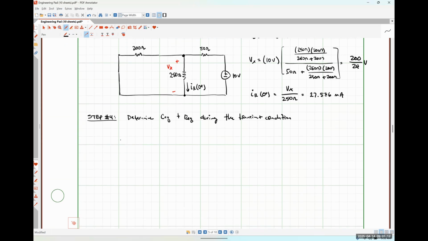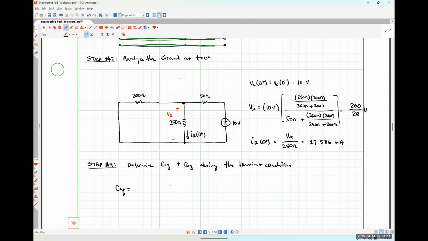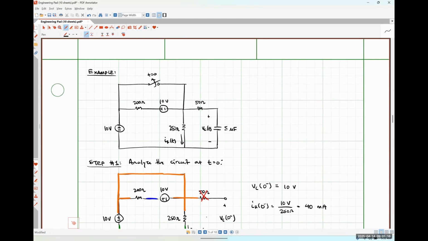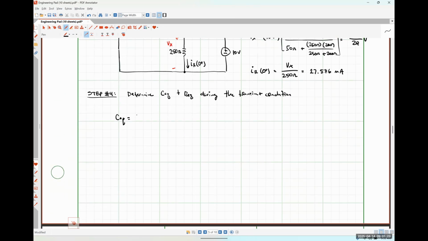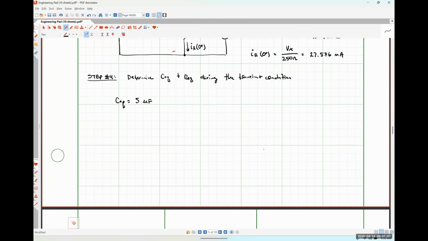So I hope very obviously that CEQ is just 5 microfarads because it's the only capacitor in the circuit. So how could it be anything else? Now we would need to find REQ.